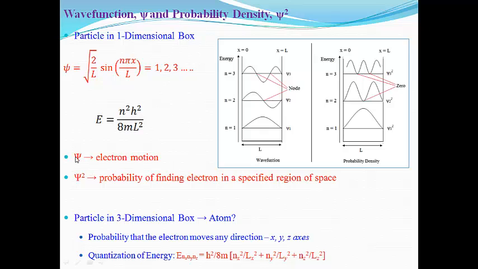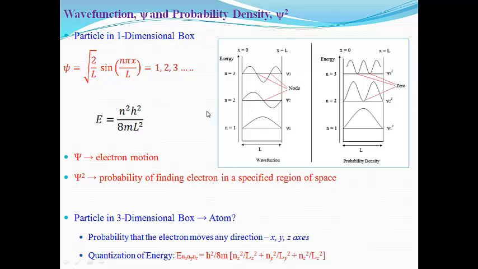The wave function of the electron, described through this sine function, basically describes the wave motion, but the square of the wave function gives us an idea of the probability of finding the electron in a region of space.